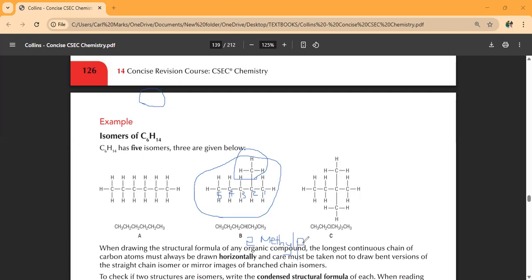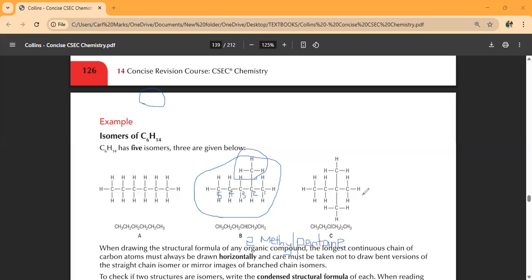Look for the functional group for me. So this is pentane, right? The single bonds we have. So the name of this compound is 2-methylpentane. That's this one.